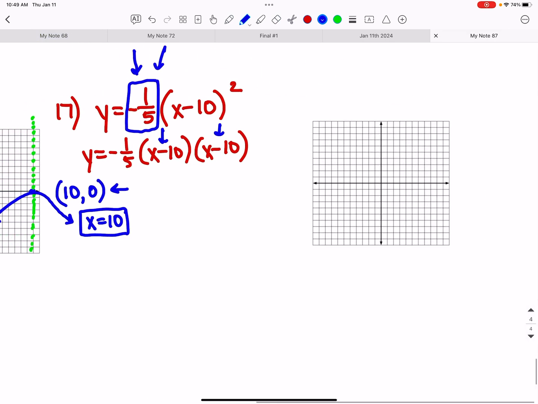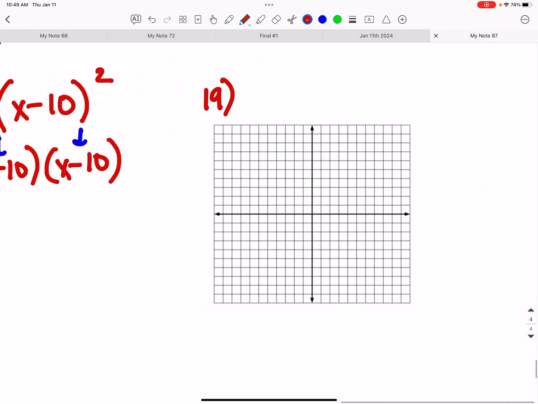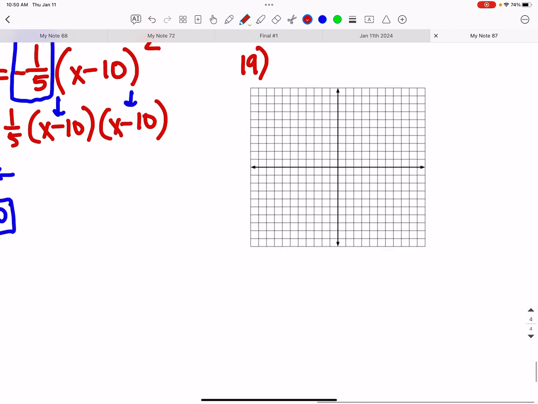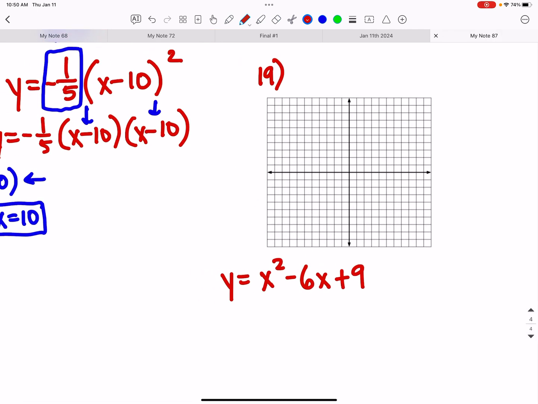Okay, let's see. Number 19. Y equals x squared minus 6x plus 9. Okay, there's a way I know how to do this. To find the axis of symmetry, we do -b, so -6 is +6, over 2 of those, over 2.